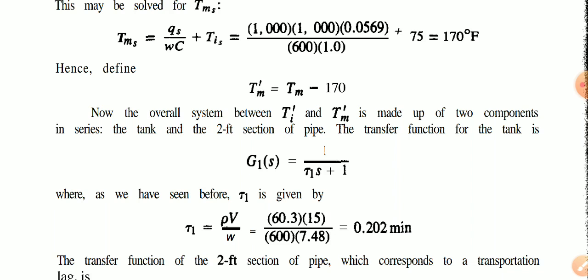as we have seen before, where tau 1 is equal to rho V by w, which is equal to 60.3 multiplied by 15 by 600 multiplied by 7.48, which is equal to 0.202 minute.